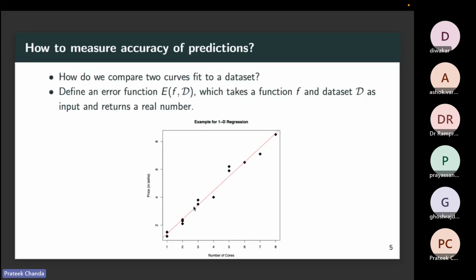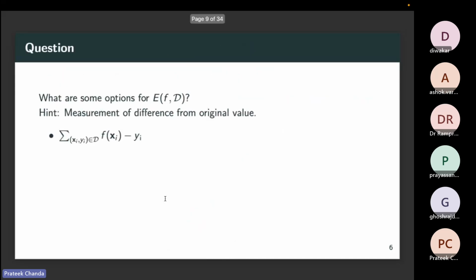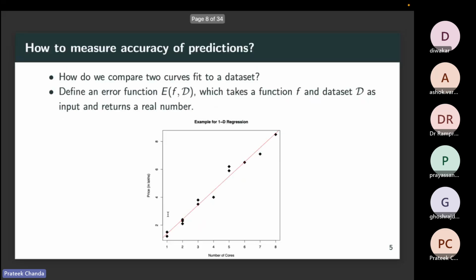Let's say 4 is my CPU core number, and f of xi is 4.23 or something, because the red line corresponds to something around here. For my data point at CPU core 4, my exact price value is 4 lakhs. So 4.2 minus 4 is my error for that particular data point. Likewise, I sum it up for all my data points.